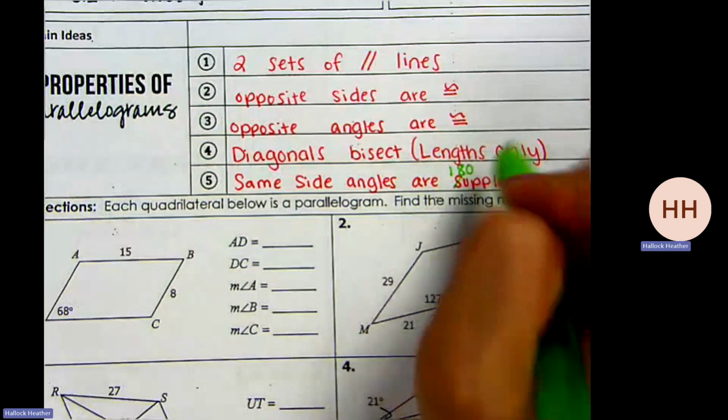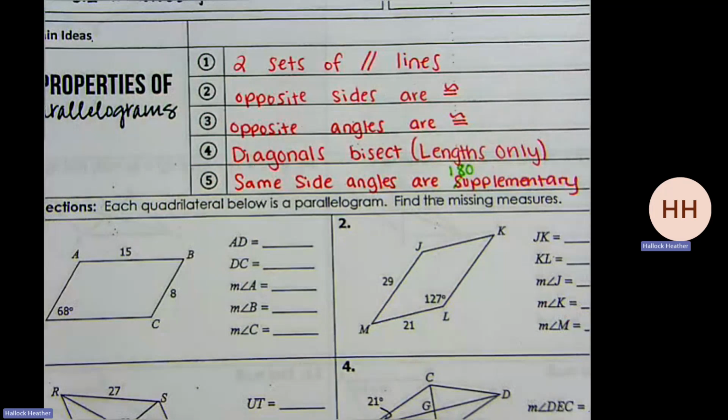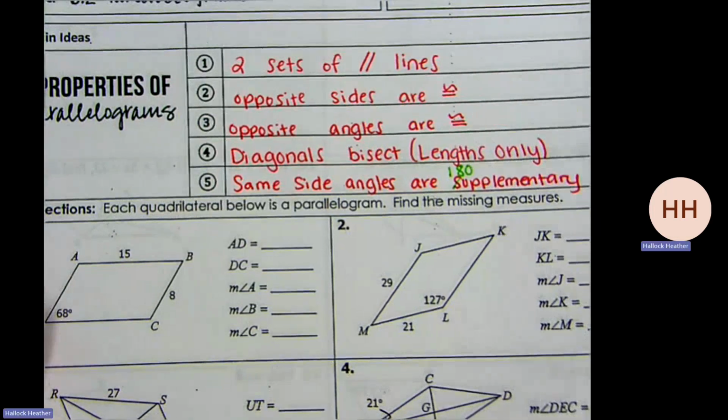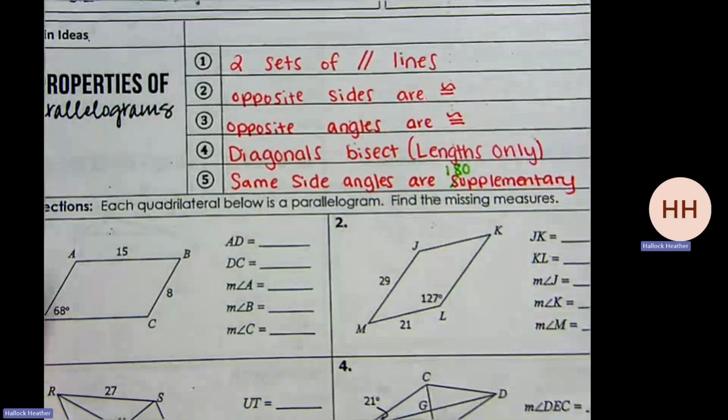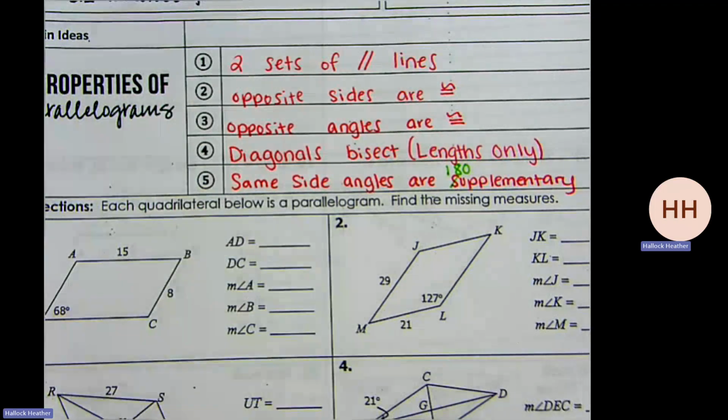We had two words, 180 supplementary, and then 90 was complementary. So the same side angles, if they're on the same side of the parallelogram, they combine to make a total of 180. So we know four-sided shapes add to make 360 on the inside. So they add to make 360, but if you're only looking at half of the picture, half of the angles, then you would add to make 180 because it's literally like half of the parallelogram.